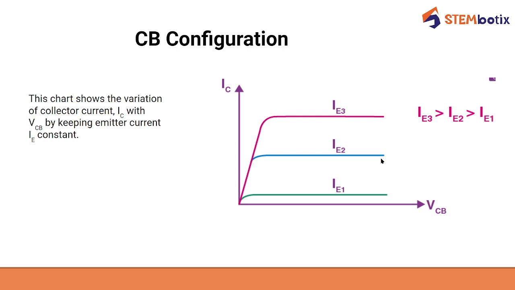So here we keep the emitter current constant, and we notice the change in the collector current by changing the voltage at the collector and base terminals.